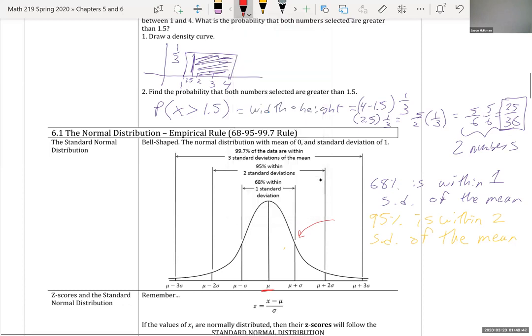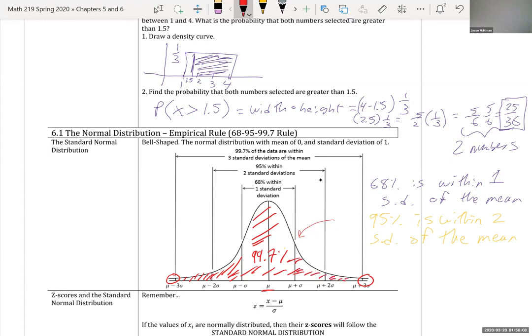Almost the entire thing, except for these little pieces out here that are not a part of it, is 99.7%.